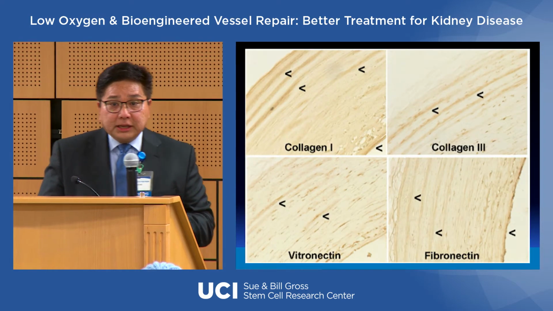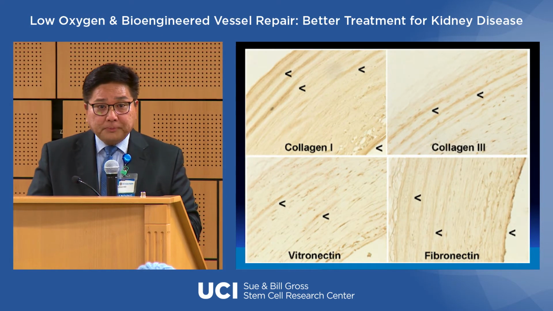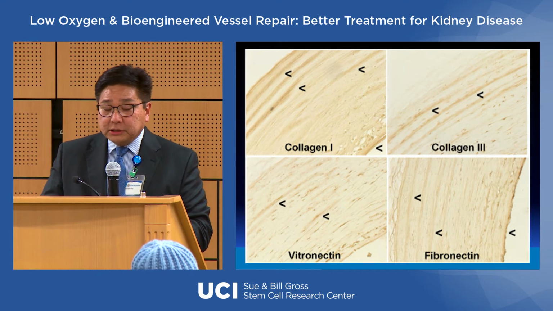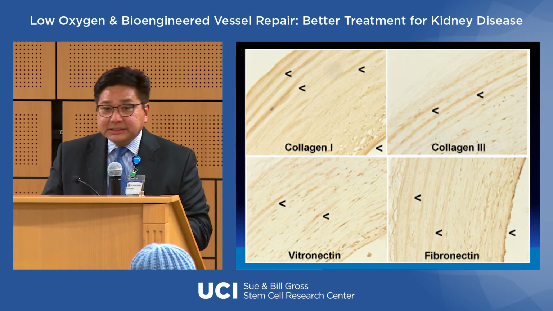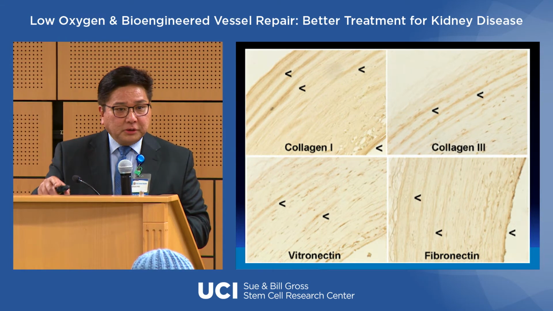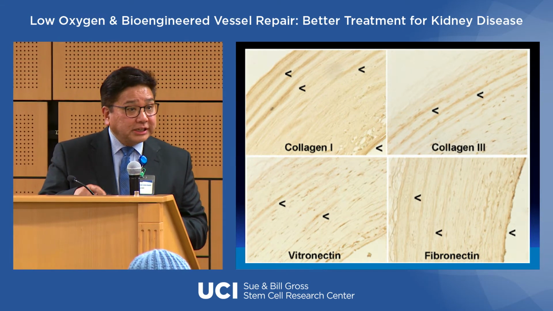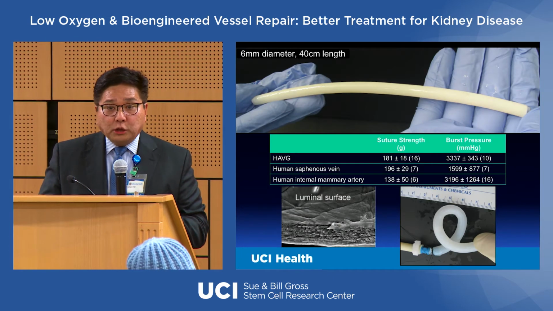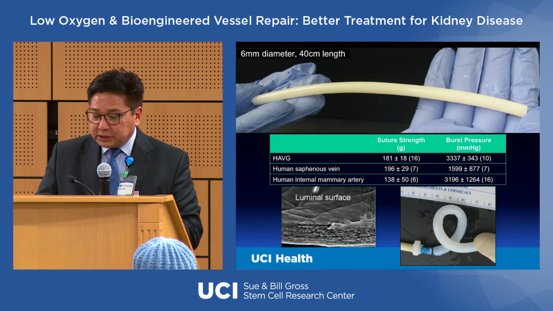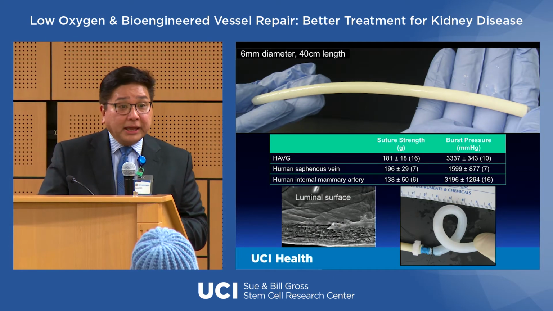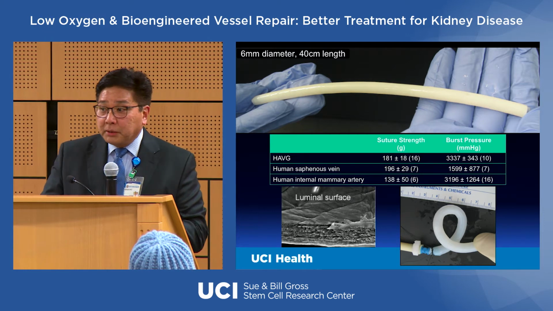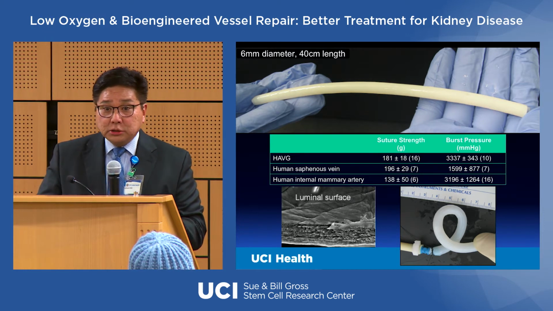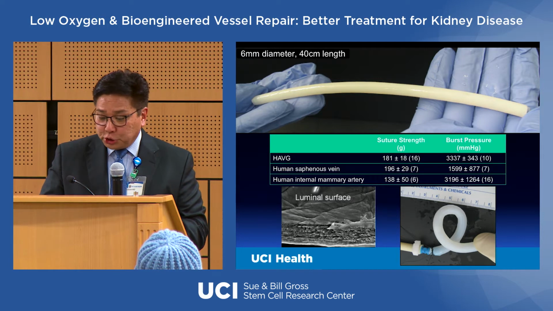So when we look at the tube that is made from human cells into this conduit, you can see the normal cell structures, the normal types of collagen that you would see in blood cells. And ultimately, it comes out to a conduit that can now be implantable, except this is a completely biologic conduit, biologic tube.